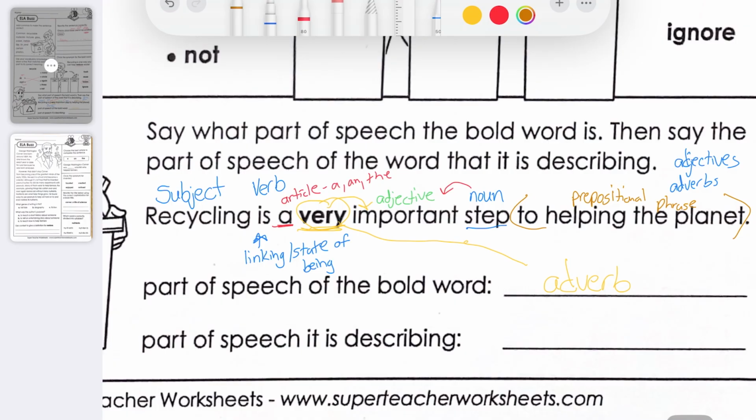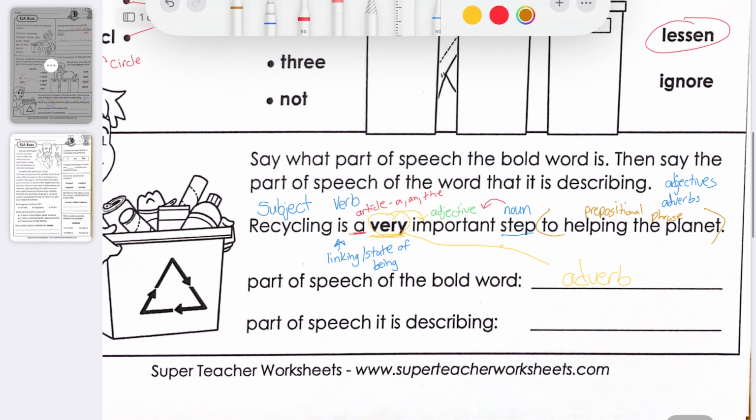They give more information. Oftentimes we use them to show location, but they can also just be extra information that technically the sentence works without. So we could say recycling is a very important step, period. But in this case, recycling is a very important step to what? To helping the planet. It tells more. You don't need it, so you could technically put it in parentheses, and you don't actually need it, but it helps teach more about or explain more about a sentence.